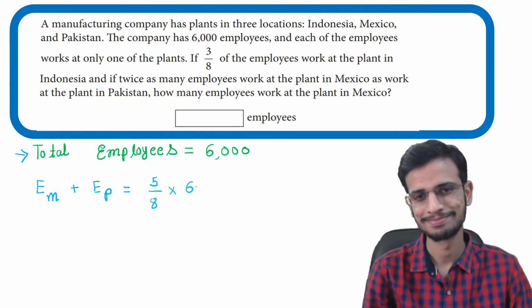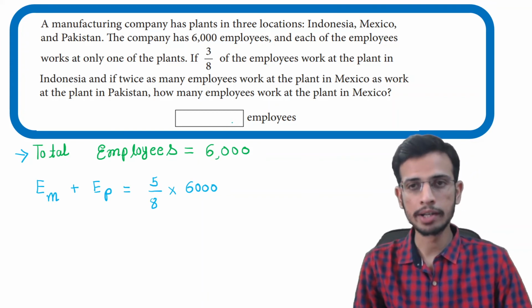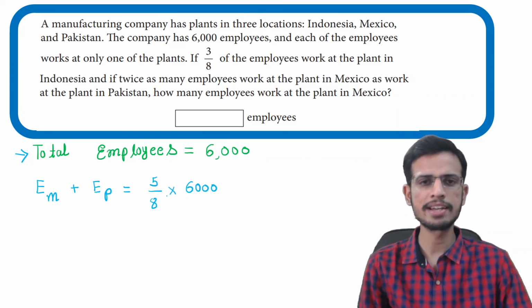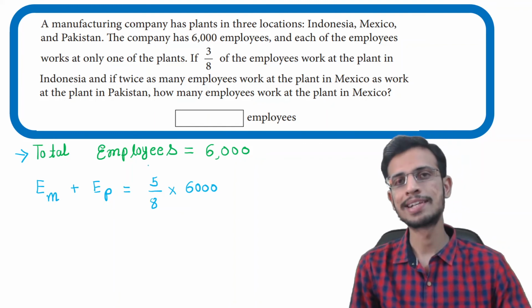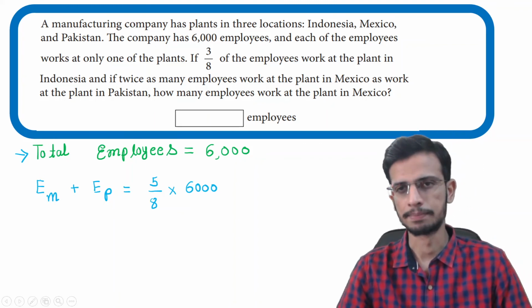Yes or no? Because 3 by 8 of 6,000 are working at the plant in Indonesia, so the remaining 5 by 8 of 6,000 will be working at the plants in Mexico and Pakistan.